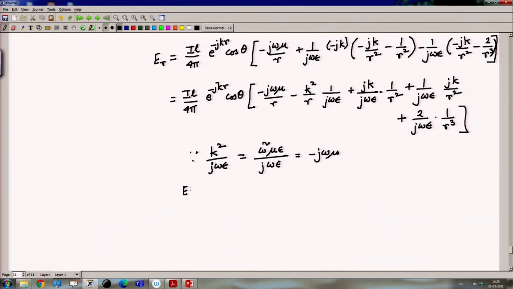E r can be written as I L by 2 pi e to the power minus j k r times cos theta, k by omega epsilon times 1 by r square plus 1 by j omega epsilon r cube.